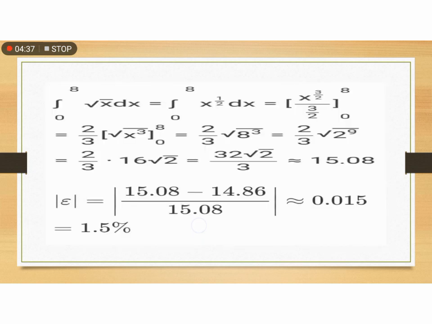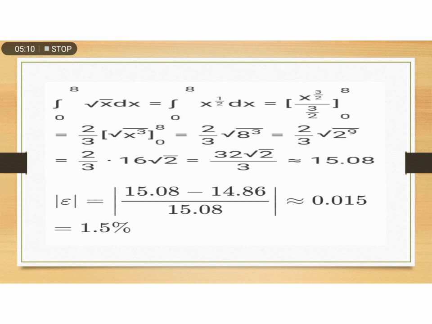15.08 divided by 14.86, from the solution that came out by substituting. So we got 15.08 as the integral's true solution. So we divide it by the solution for the integral.